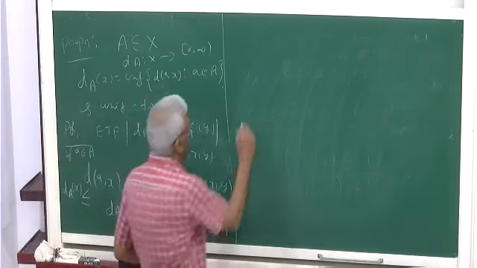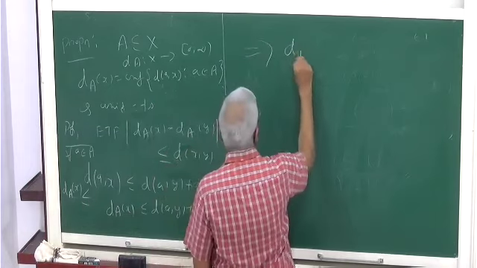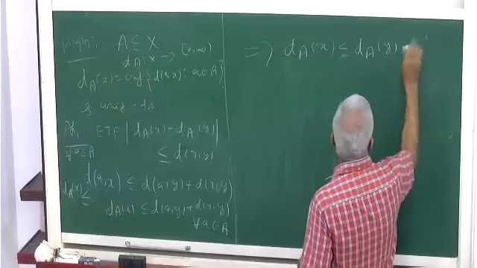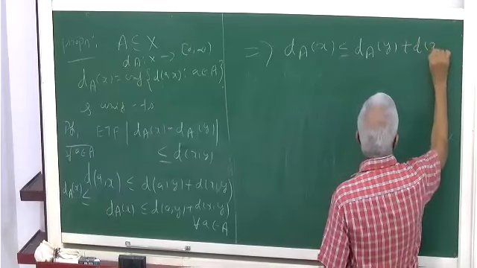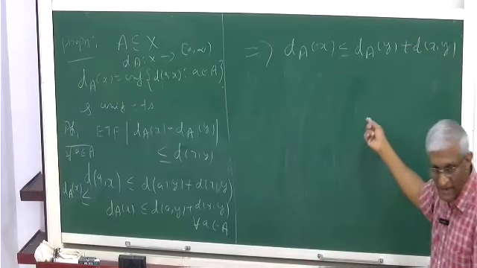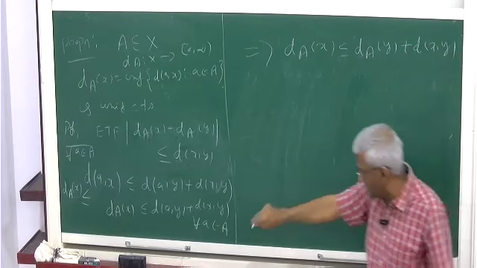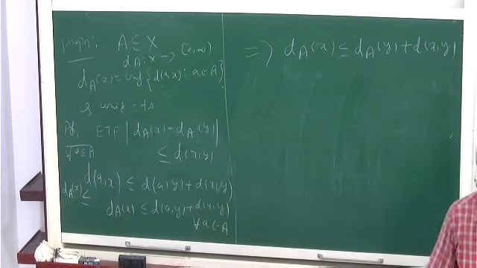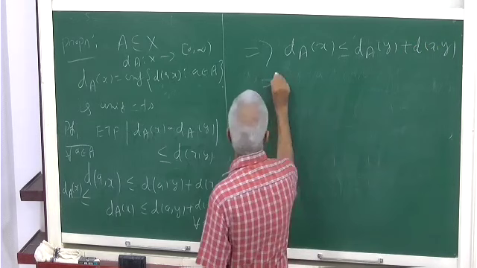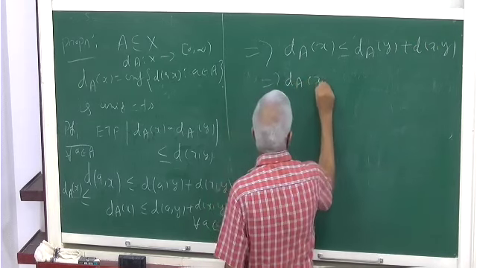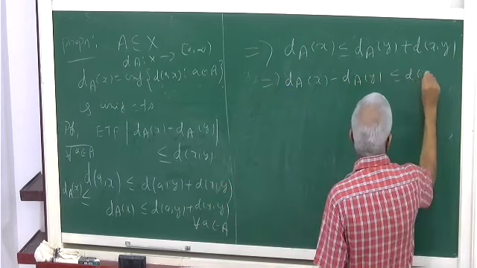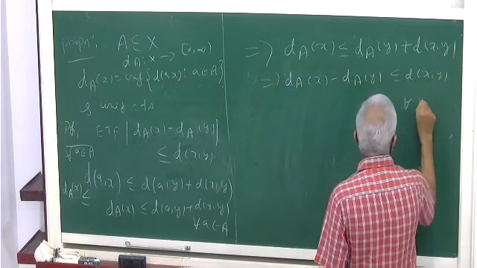By taking the infimum, that implies d A x is less than or equal to d A y plus d x y. So this implies, of course, d A x minus d A y is less than or equal to d x y for all x, y.